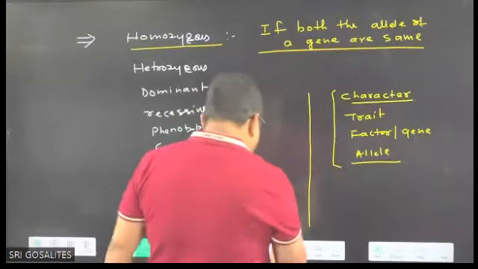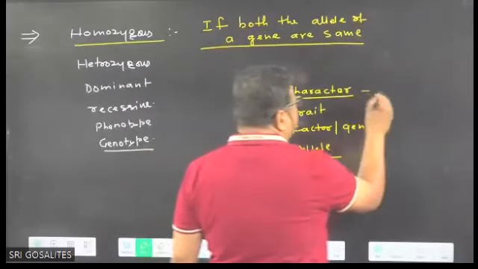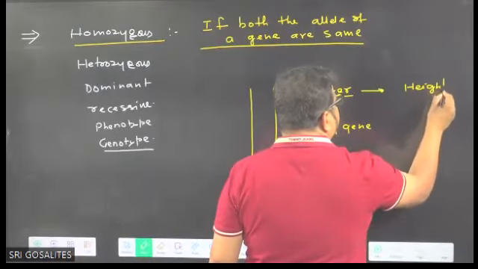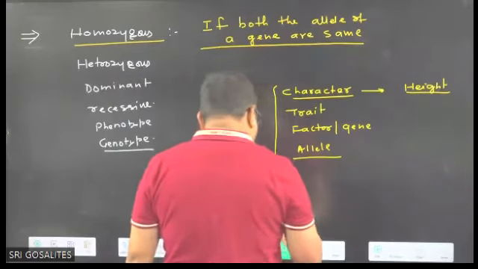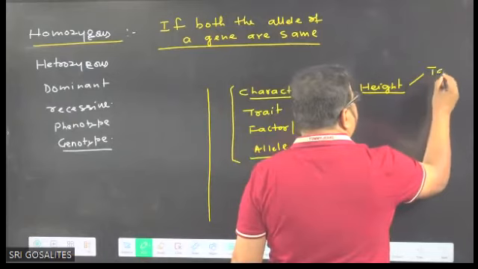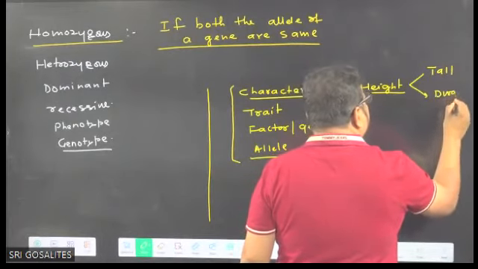In the last class I told, suppose height is a character. If I'm talking about tall, I'm talking about height. If I'm telling dwarf, I'm talking about height.